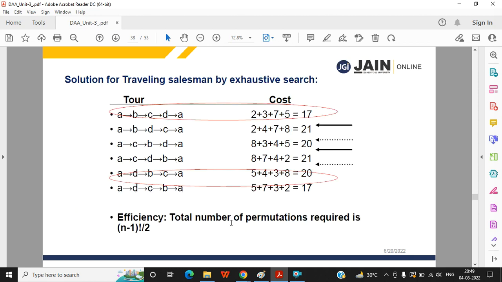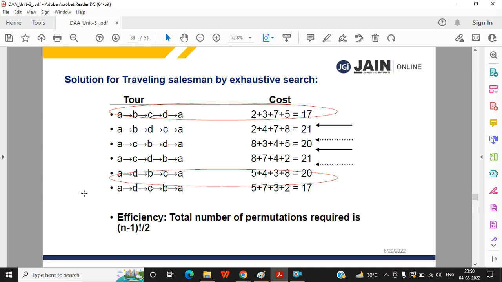Okay, the solution is this. The total number of permutations required is (n minus 1) factorial by 2. Why (n minus 1) factorial by 2? Because you have n number of vertices. Think about the permutation chapter of MFCA.